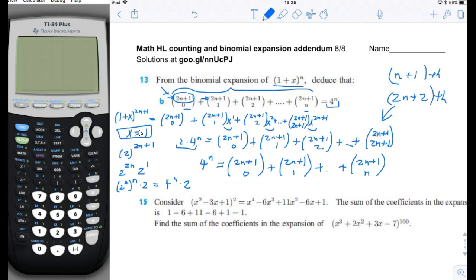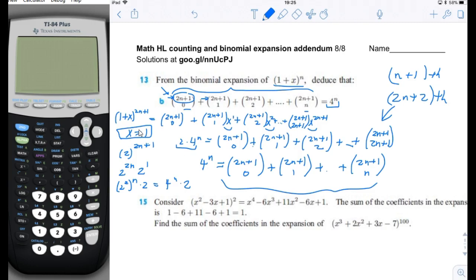Does that make sense? Because the n plus 1th term would be choosing n. Okay? And that would be the last coefficient, because the other n plus 1 coefficients are just reflections of the first n plus 1 coefficients. So we just eliminate them, and we also eliminated the 2 there.